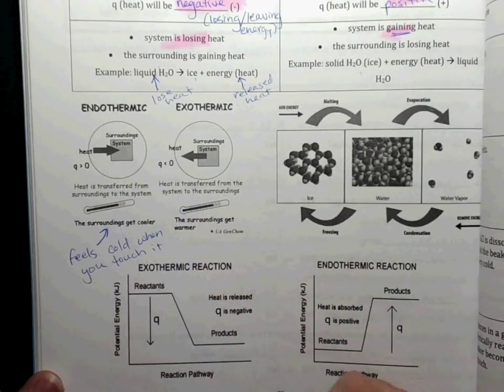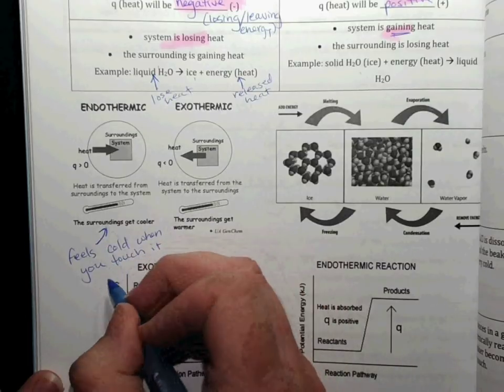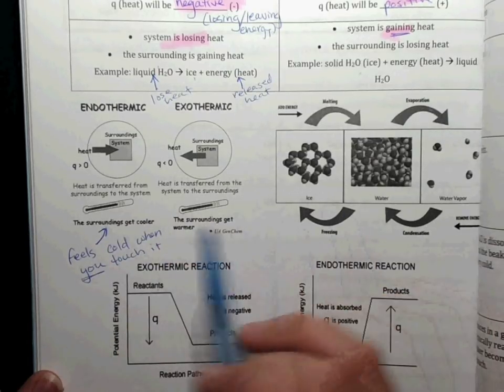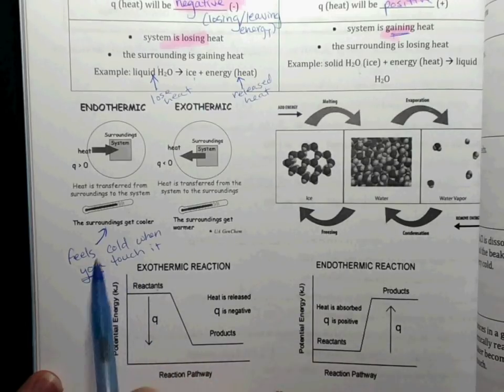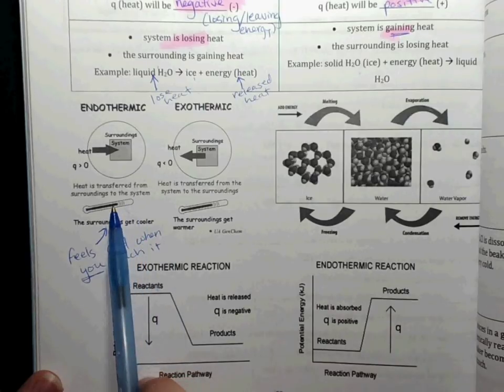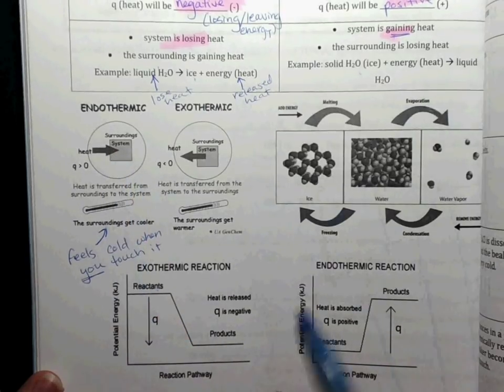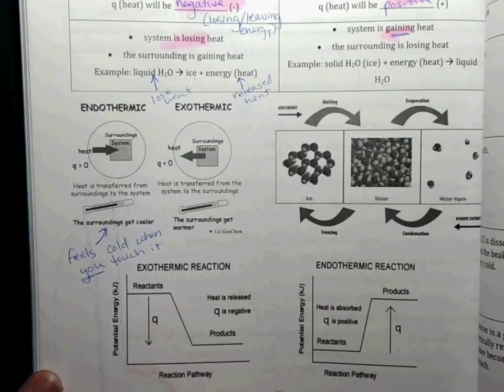The system is stealing heat from the surroundings, and guess what? You are the surroundings. You're not the system. Chemistry doesn't study you. That's biology. Chemistry is studying these chemical systems. So if it feels cold to you, you're the surroundings, and it's taking your heat. The heat is getting transferred from you to the system, and it's going into the system.